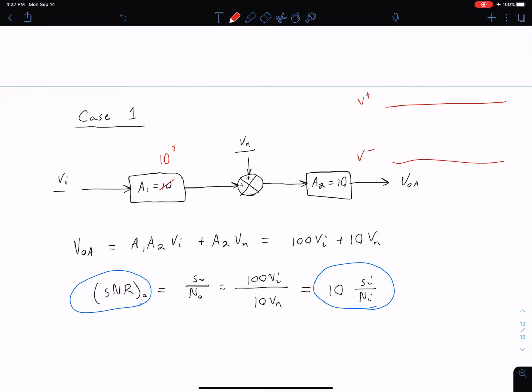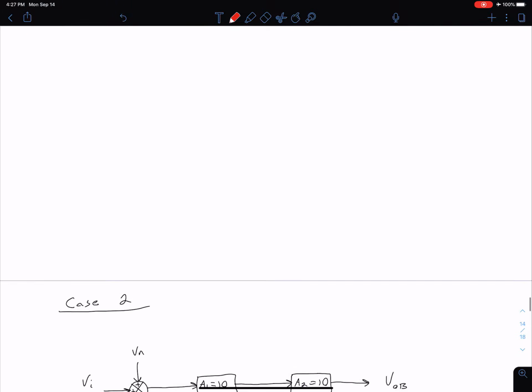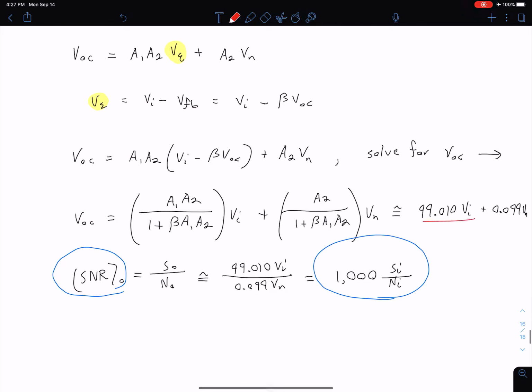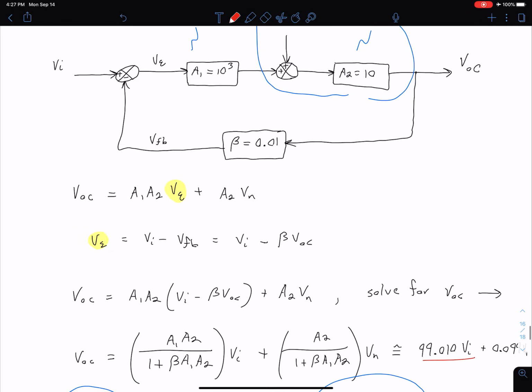And of course, for a typical circuit, 10 to the fourth is going to be well above this upper limit for our V plus. However, granted this 99 VI might still be pretty high, but that's going to be much more likely to be within that limit than, for instance, your 10 to the fourth. So that's the difference between case 1 and case 3.